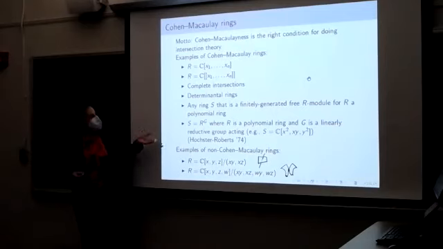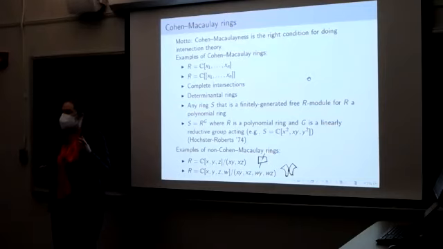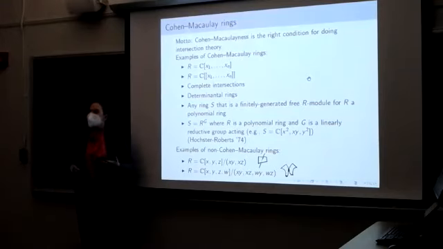So if you start with your variety and take generic hyperplane sections, you either eventually get down to something that is not equidimensional, where your maximal ideal is embedded, and then you're not Cohen-Macaulay, or you can get down to something of finite length, and that is Cohen-Macaulay.